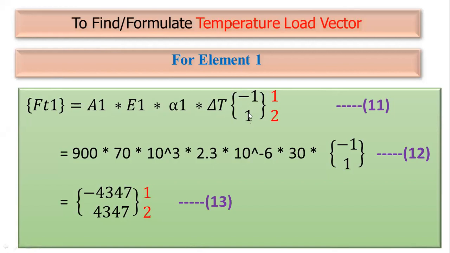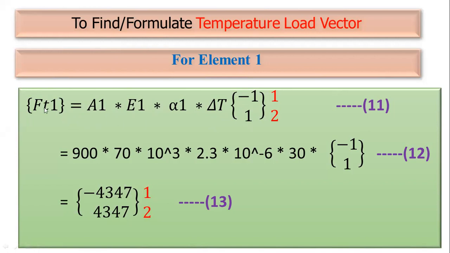Minus 1 means from node 1 to node 2, there is a variation in temperature, or load from node 1 to node 2. So in FA, we can write A E alpha delta T times -1 1.